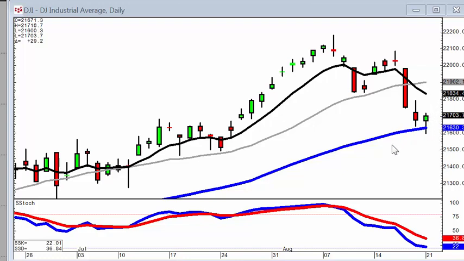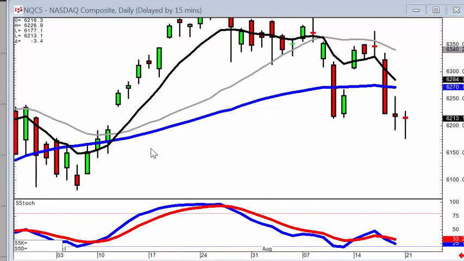A positive open would be a clear indication that the 50 was going to be acting as support. That same analysis can be applied to the NASDAQ chart that did a doji also, and it did a doji right here at the same level it supported before, and it looks like they basically came down and filled the gap.